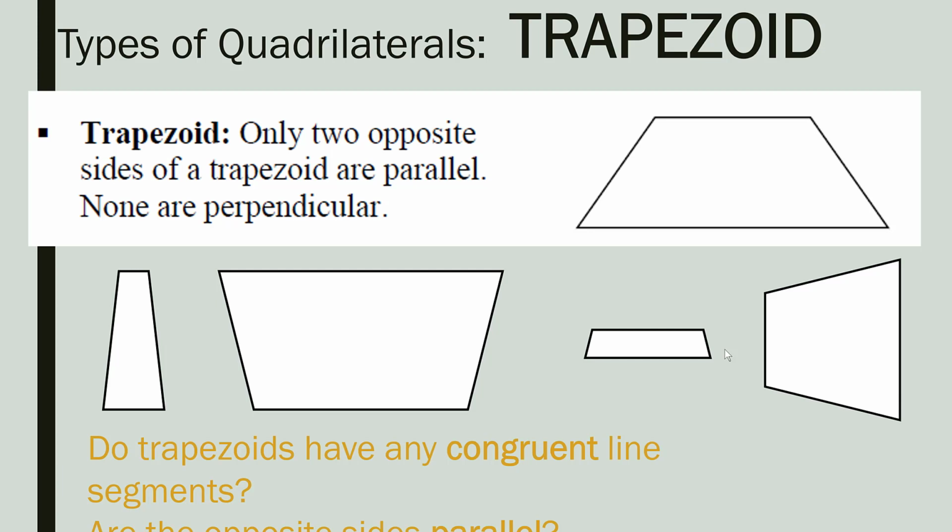And the way I was told that it got its name was it kind of looks like a trap. Like if you put a bear trap on the ground and you were staring at it from the side, this is kind of what it would look like. If you put a rectangle down and you step a couple steps away and you look at it, it'll kind of look like a trapezoid. So it is a quadrilateral, but it is not perfect in shape.